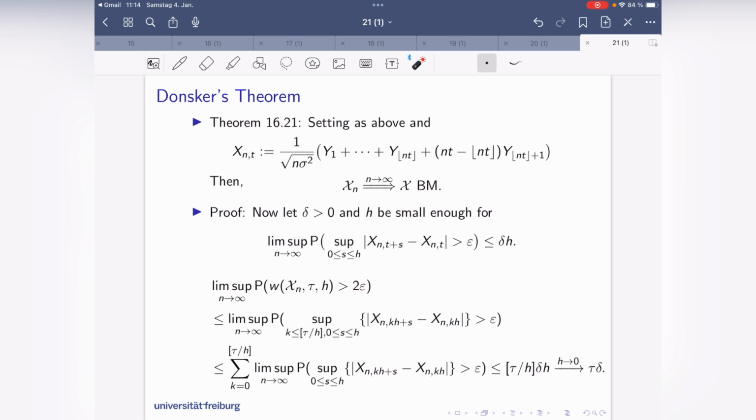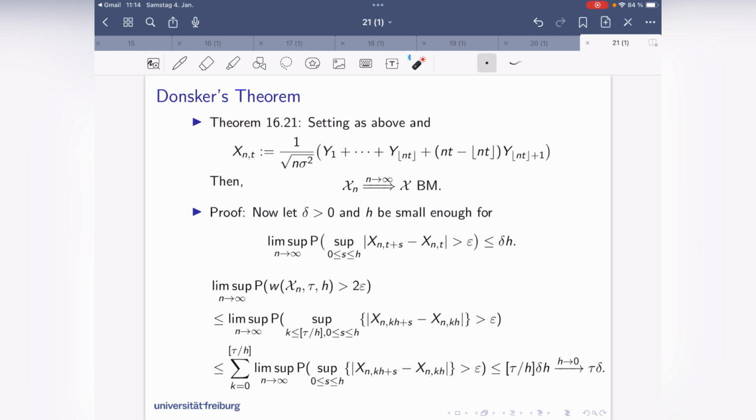So, and then with this we can bound the modulus of continuity, and all we need is the maximal increment between any times s, so kh and kh plus s, where k can be anywhere between 0 and tau divided by h, but the sup can be replaced by the sum here. Now we have the s between 0 and h, but for this thing here we know that that's bounded by delta times h.